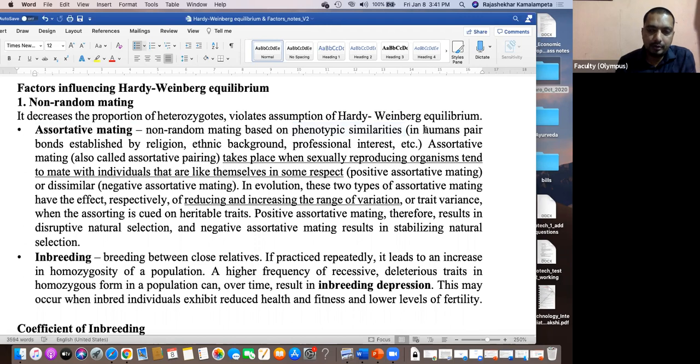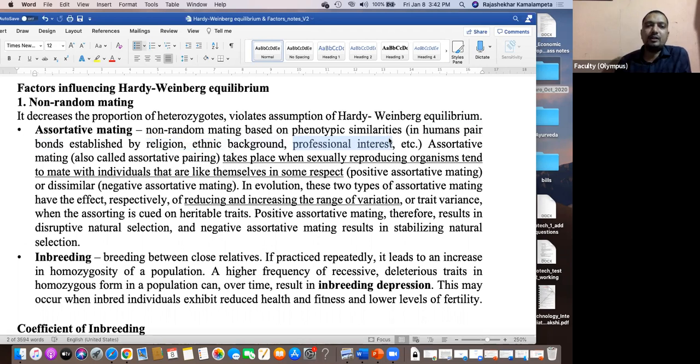I don't know whether you study this in social anthropology as well. Human pair bonds are established based on what? Maybe religion. You have preference towards your own ethnic background, or maybe profession, maybe color. So color, caste, religion, ethnic background. Here some amount of selection is based on some factor like this.